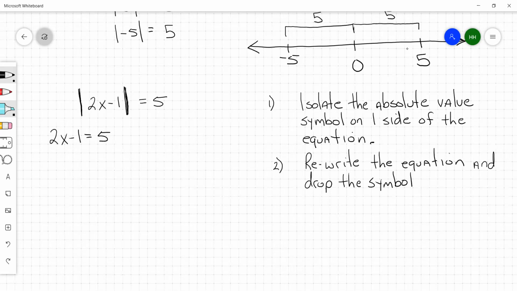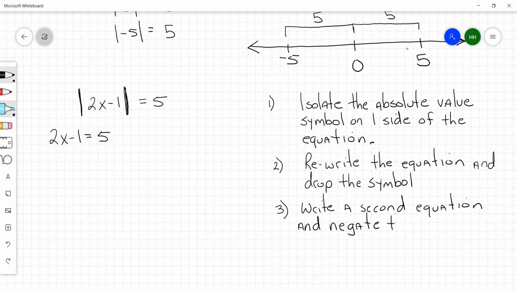And then we write a second equation and negate the right side.